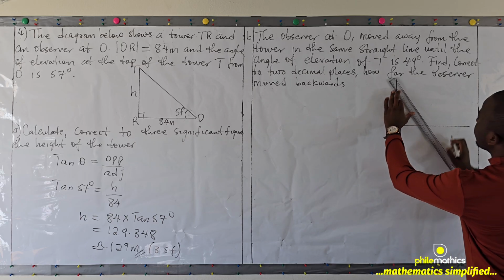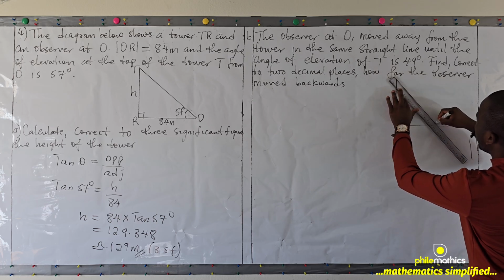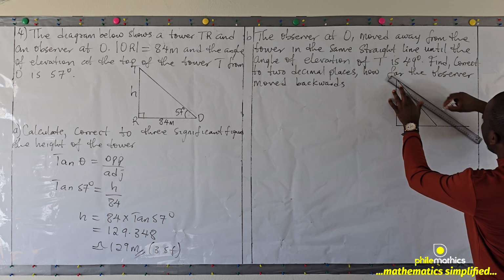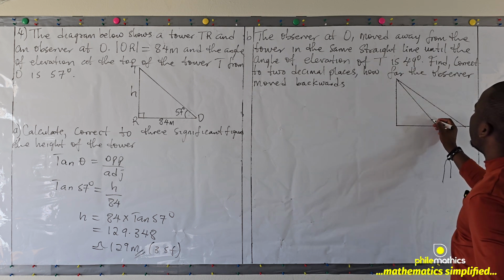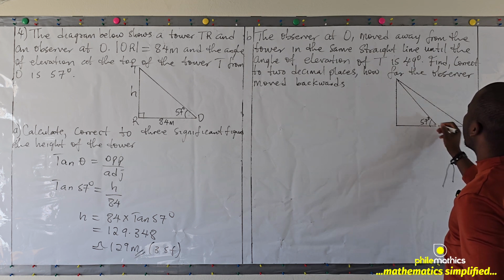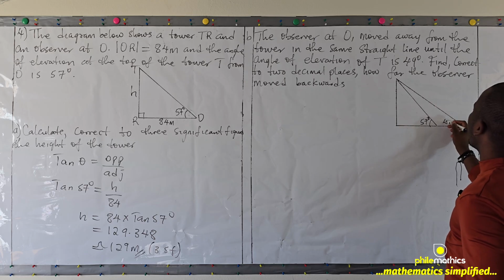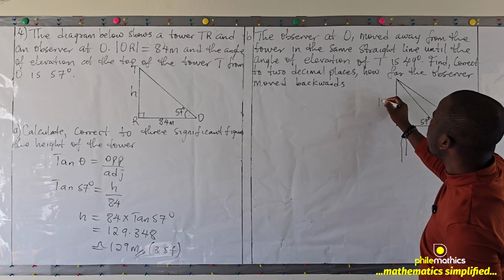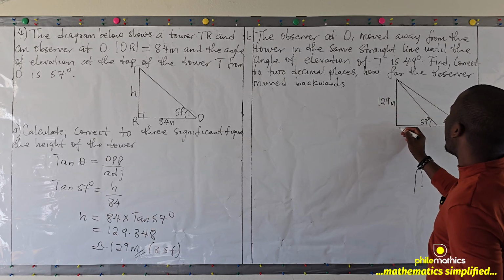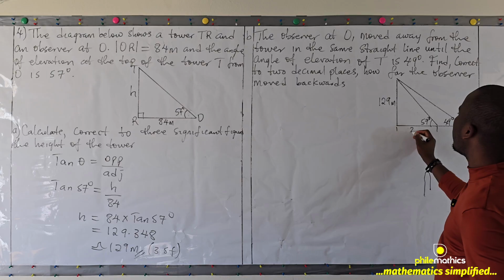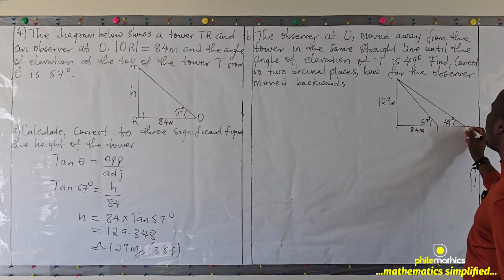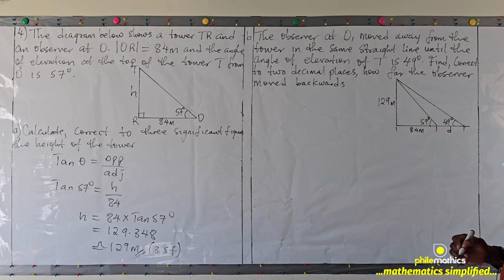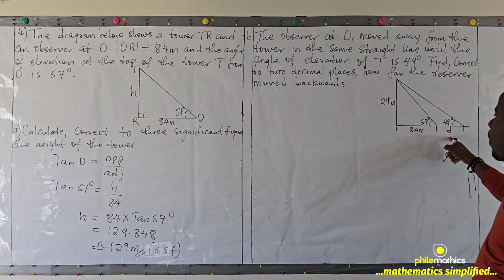So if this was his former location, he moved to this point. Initially, here was 57 degrees, and so he moved to 49 degrees. Our height we have gotten as 129 meters, and here to here is 84 meters. We are looking for this distance. Let's call it D.